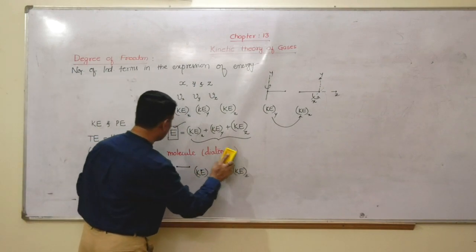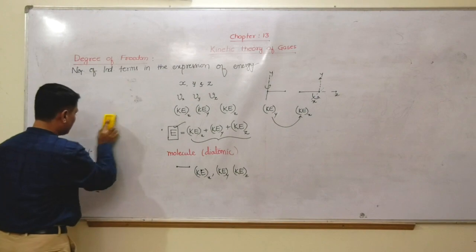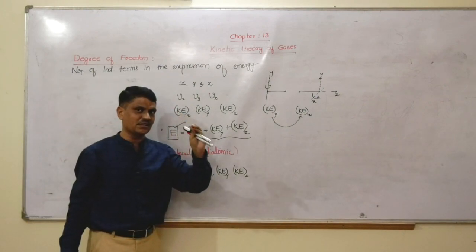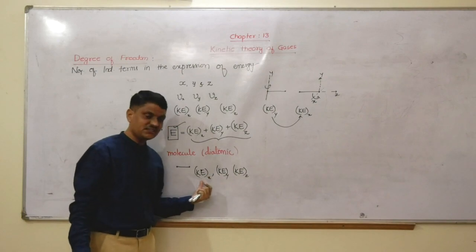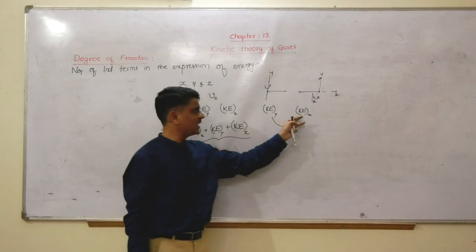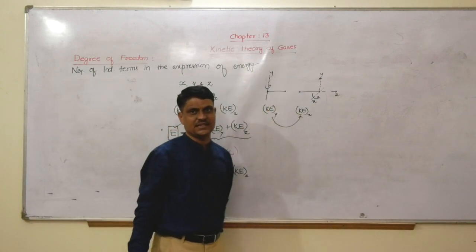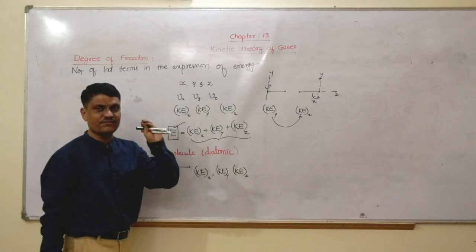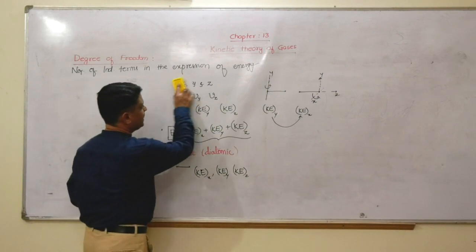In a diatomic molecule, we have 5 independent terms. Out of 5, 3 are translational kinetic energies and 2 are rotational kinetic energies. Hence, a diatomic molecule has 5 degrees of freedom.